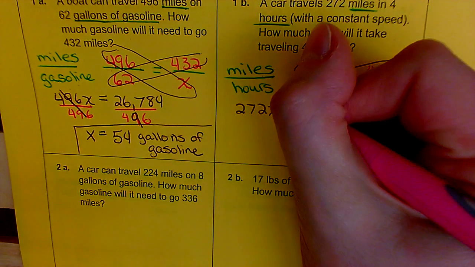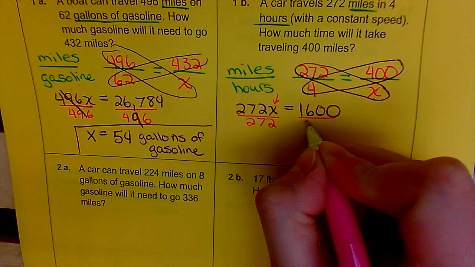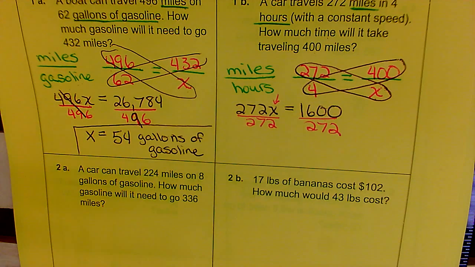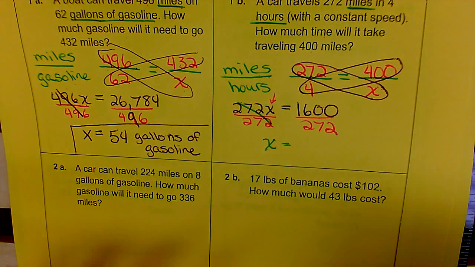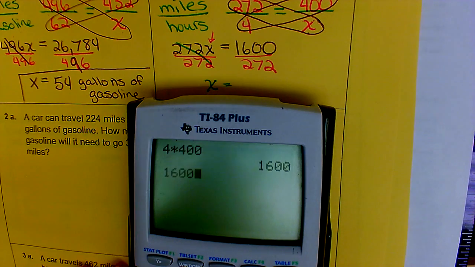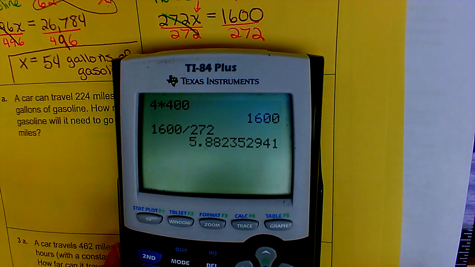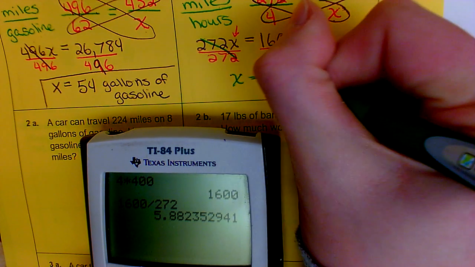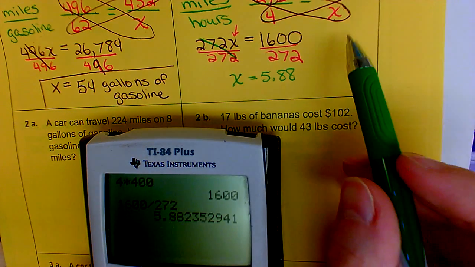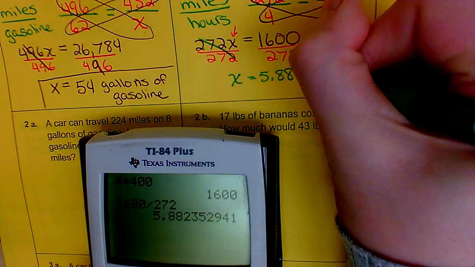I've got to get rid of the 272, so I'm going to divide both sides by 272. What that leaves me with, it cancels out on the left and I get X is equal to 1,600 divided by 272, which is 5.88. So I'm going to just round to 2 decimal places, 5.88, and this is talking about hours. Our X was in the hours spot.